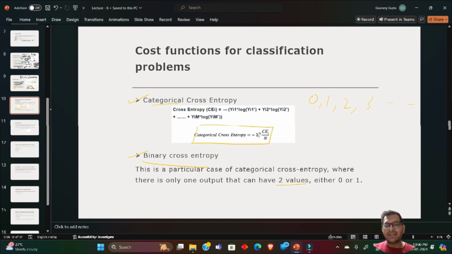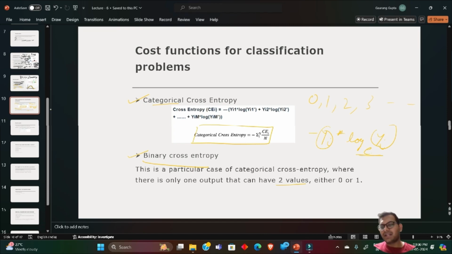In this, what we do is we calculate the entropy, and the formula of entropy is minus yi into log of yi. So what this means is, first the prediction and then the log of the prediction is multiplied. It is natural log, so if you have studied logarithm, you will know that.